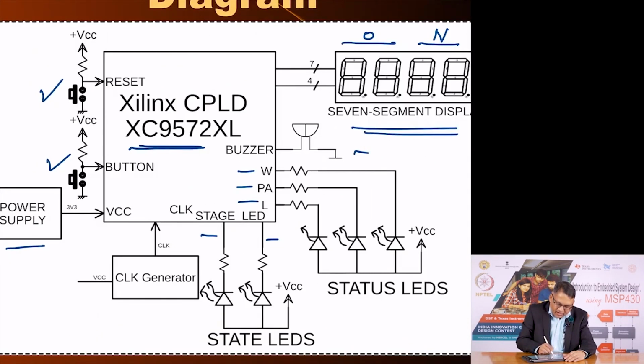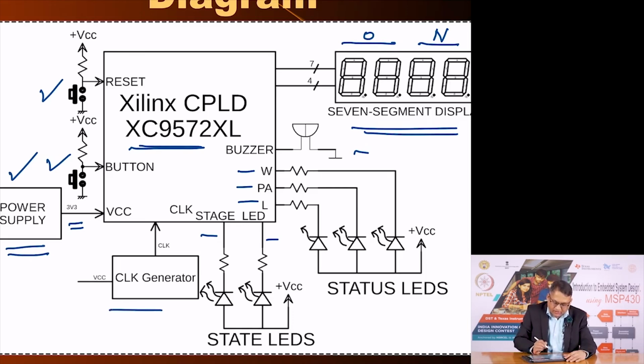Here is a power supply. From the data sheet of this CPLD, we found that the power supply required is 3.3 volts. The data sheet also mentions how much current it will consume. So, the power supply has to be appropriately designed so that it can provide that power. The source of the power supply is important. In this case, it was implemented using a USB input, which is 5 volts.